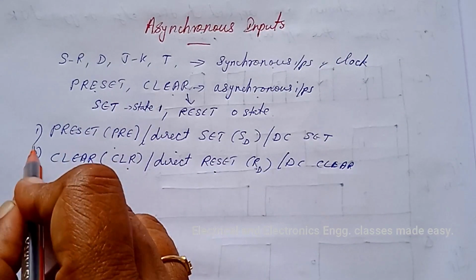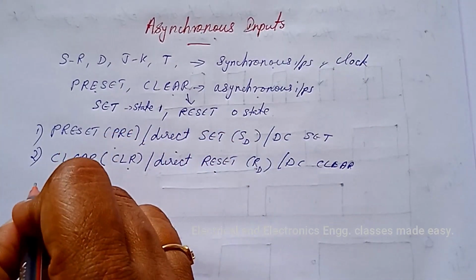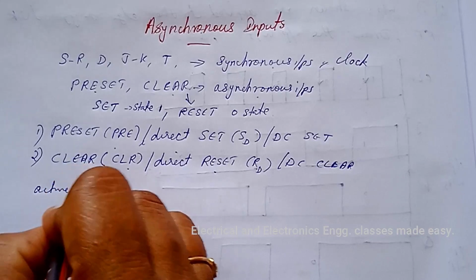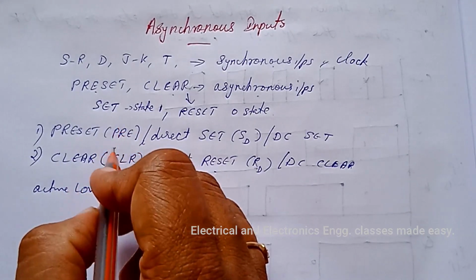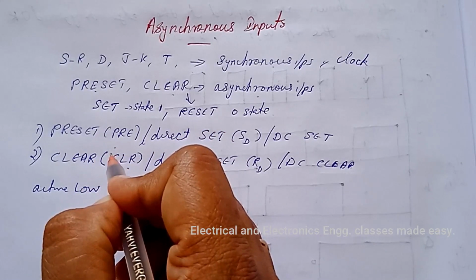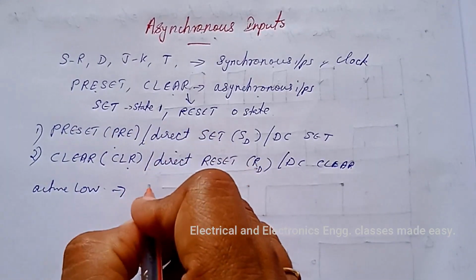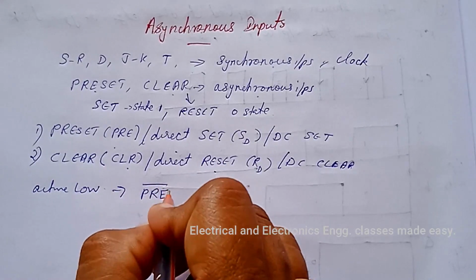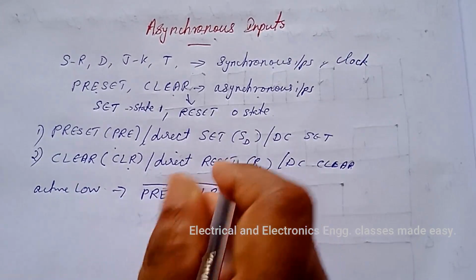In the case of active low, that is if the asynchronous inputs are active low, then the same is indicated by a small bubble at the input terminals. So in that case, the inputs are labeled as PRE bar, that is preset bar, and clear bar.